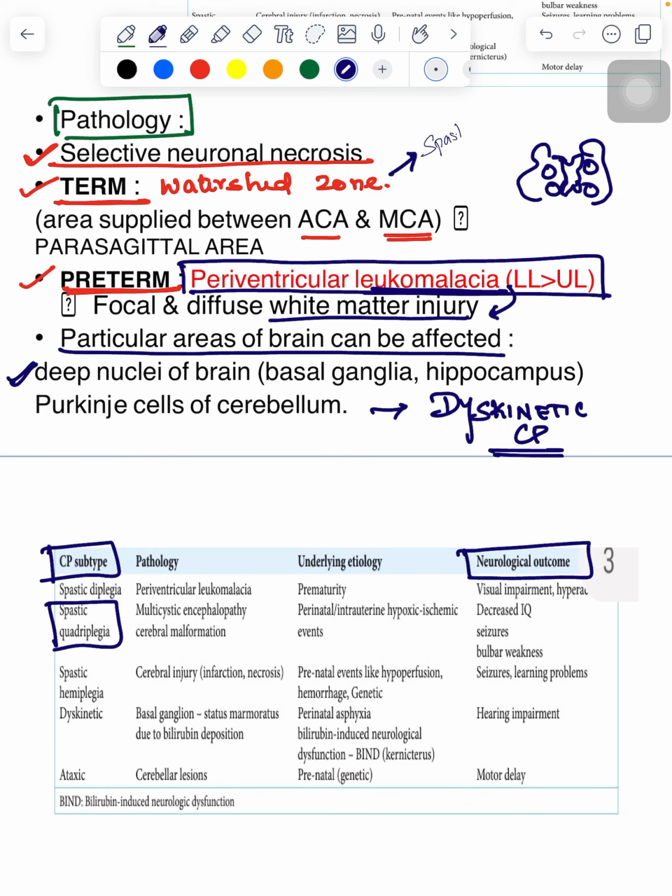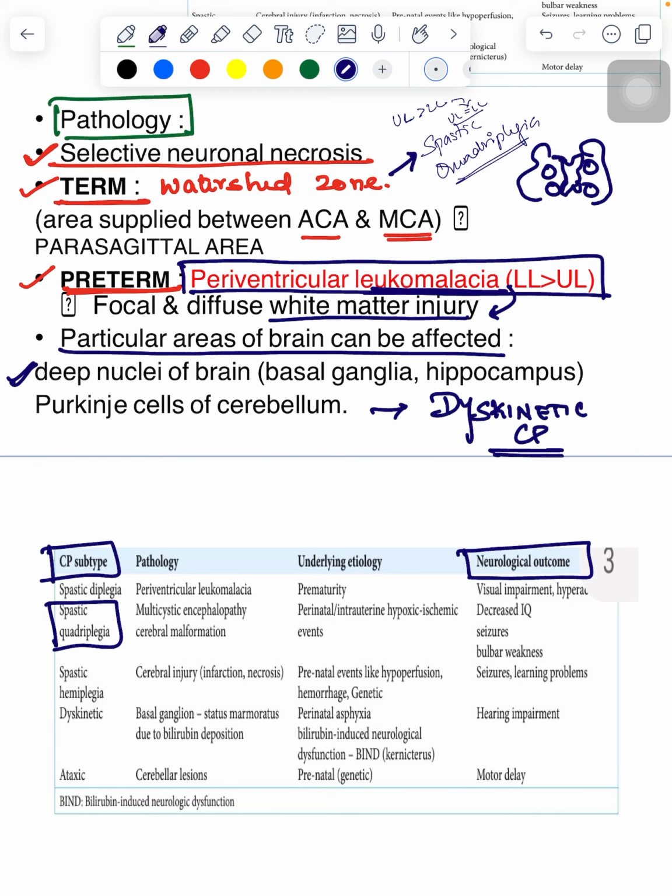The term child will mainly present with spastic quadriplegia. What is quadriplegia? All four limbs will be affected. First, the upper limb will be affected more than the lower limb. As time goes on, both the upper and lower limbs will be equally affected. So in a term child, the child will present with spastic quadriplegia.